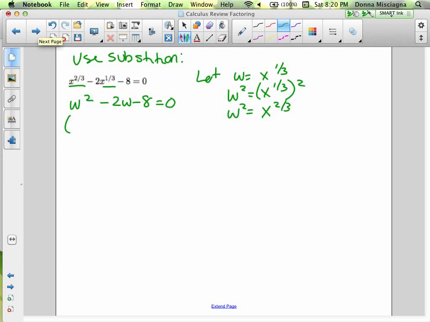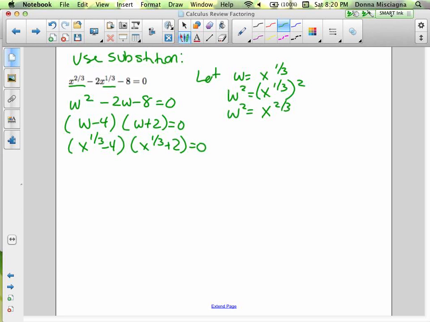What looked complicated isn't complicated. Multiplies to give us negative 8, adds to give us negative 2. It would be w minus 4 times w plus 2, and then just substitute back. So we have x to the 1/3 minus 4 times x to the 1/3 plus 2 equals 0.